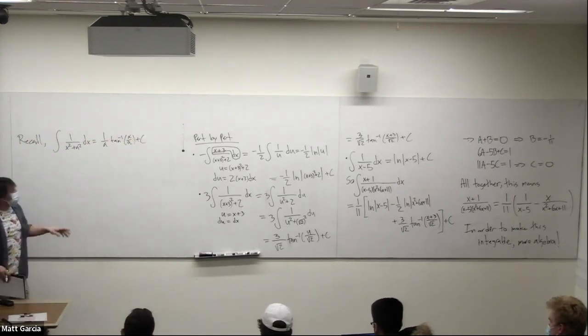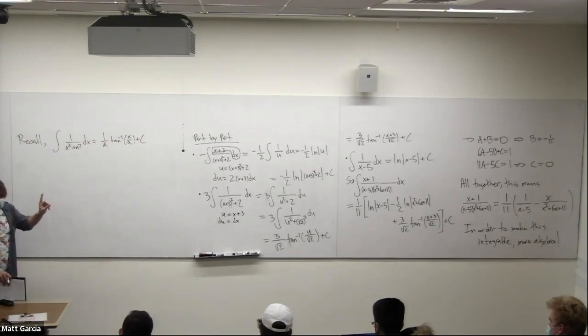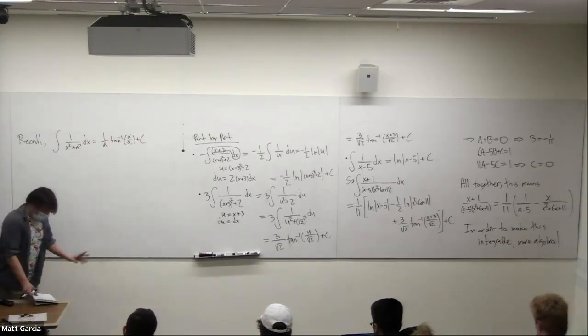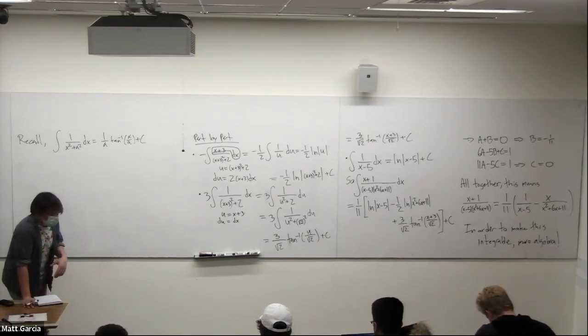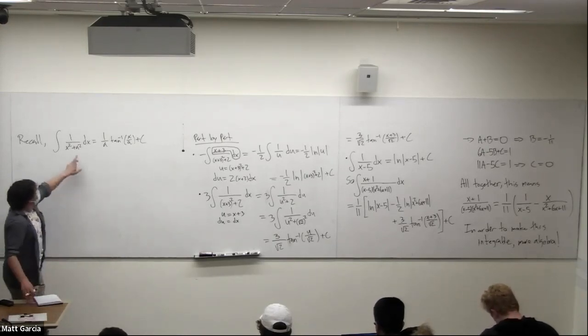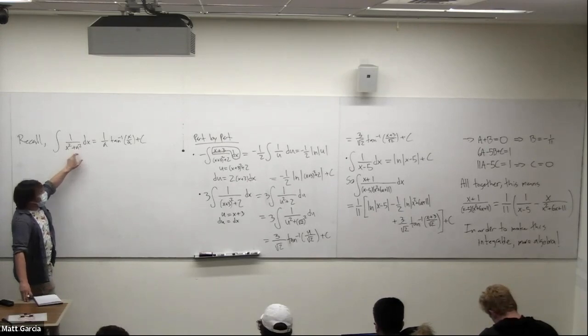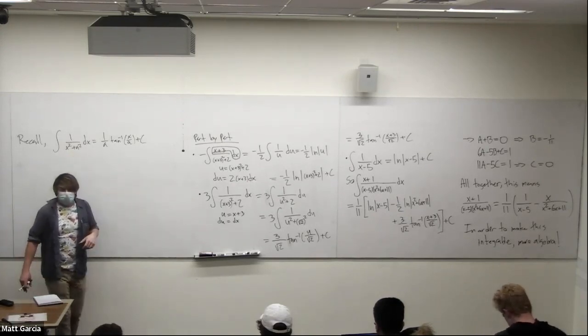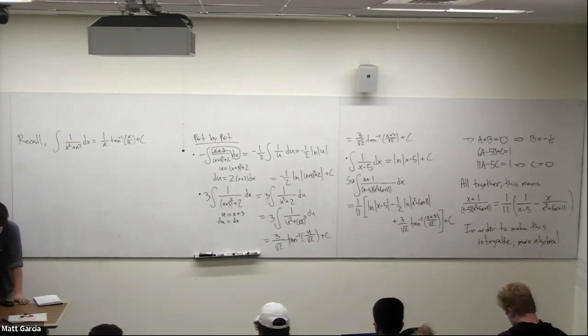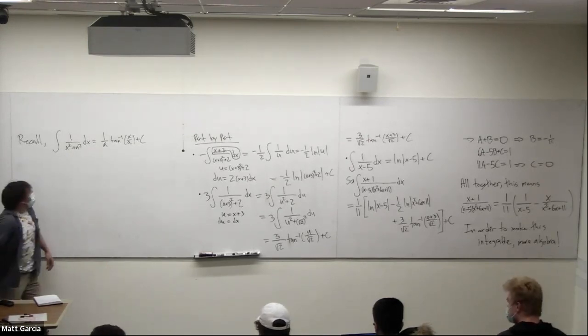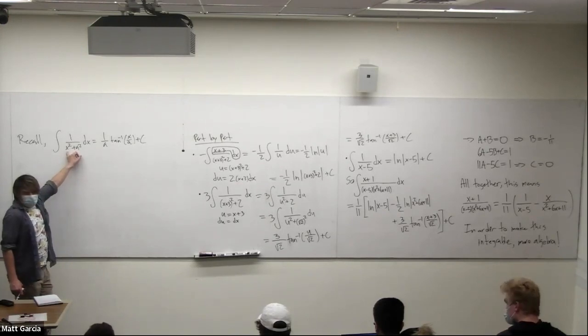Okay, we didn't actually derive this, but if you take for granted the formula for the case where a is equal to 1, you can derive this by using a substitution with u equal to x divided by a, which requires you to do some algebra to get that form here.